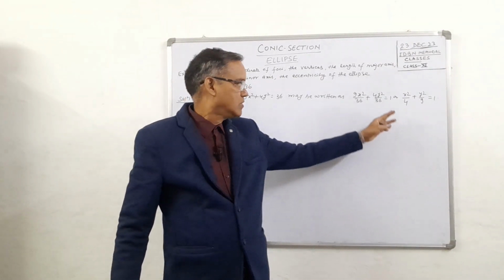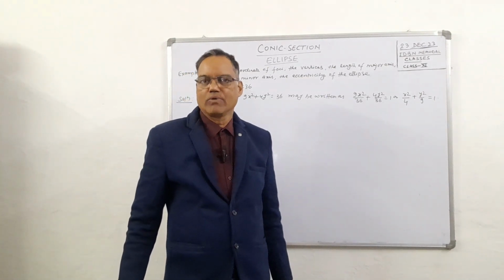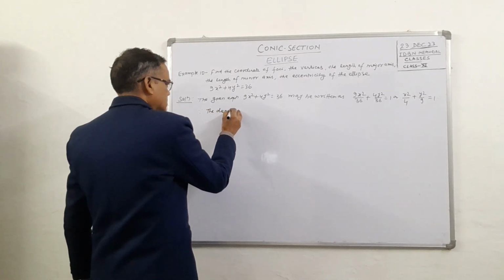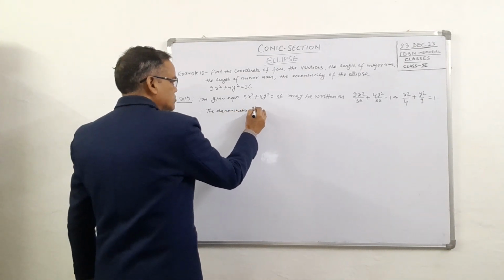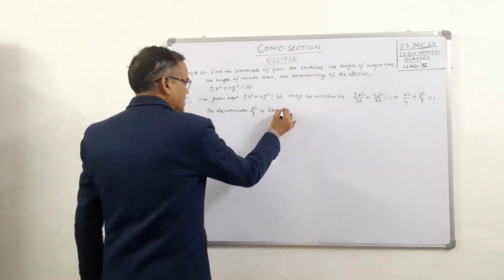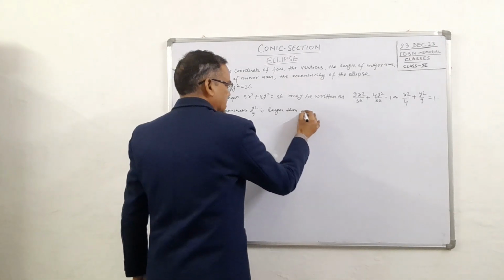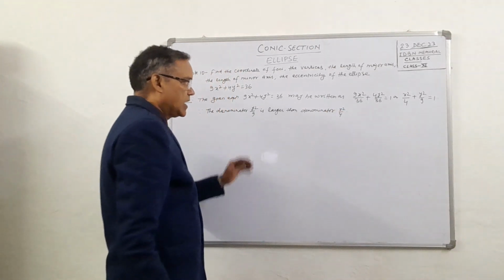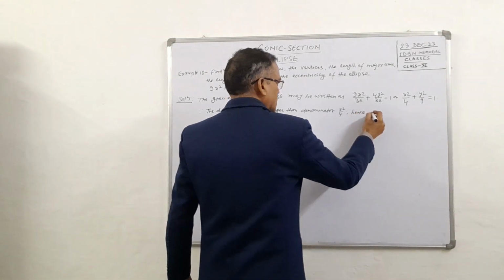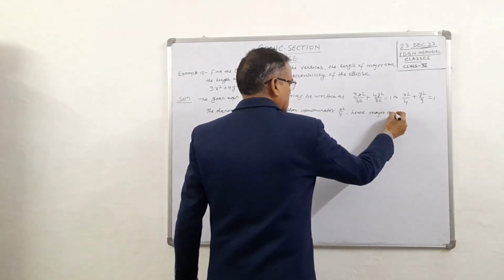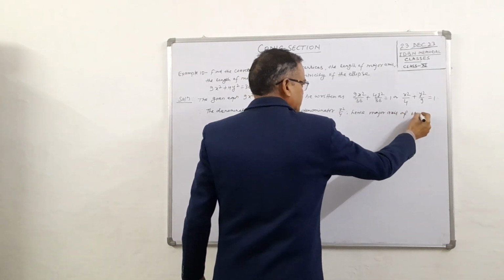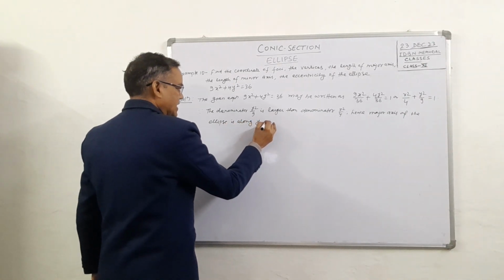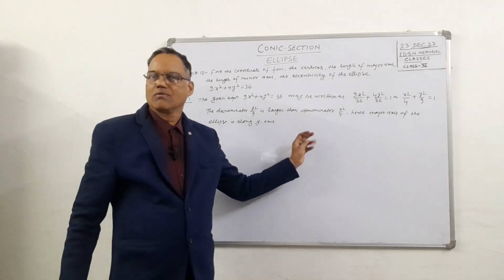That means major axis of this ellipse will be along y axis. ठीक है, now since the denominator of y square by 9 is larger than denominator of x square by 4, hence major axis of the ellipse is along y axis. मीन्स यहां मेजर एक्सिस किसके अलोंग होगा, y एक्सिस के.